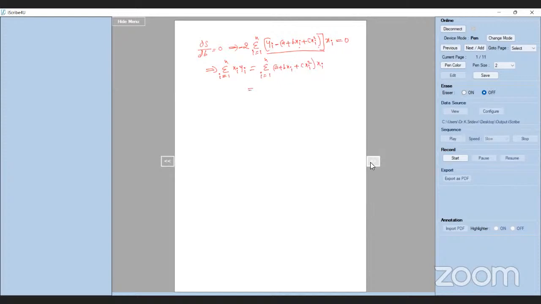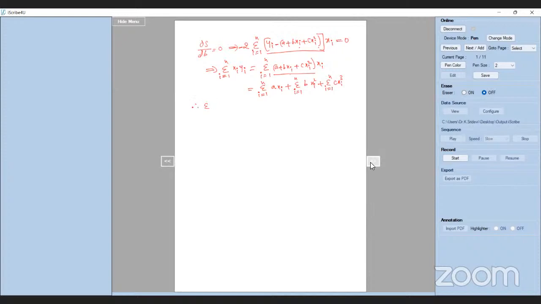Now we can simplify this by multiplying by xi. That is summation i equal to 1 to n a xi plus summation i equal to 1 to n b xi into xi square plus summation i equal to 1 to n c xi square into xi cube.